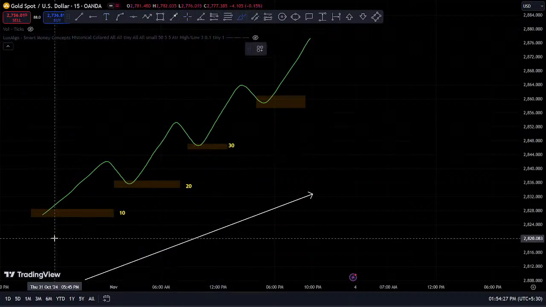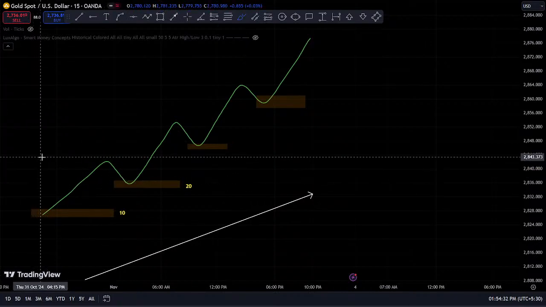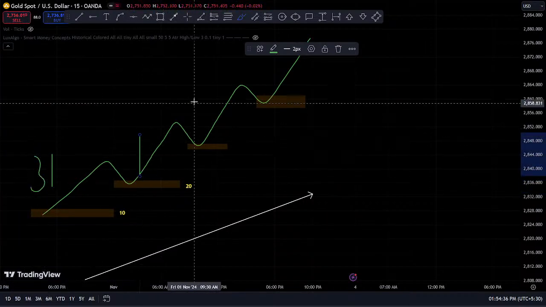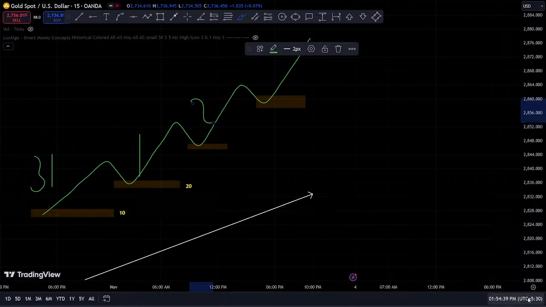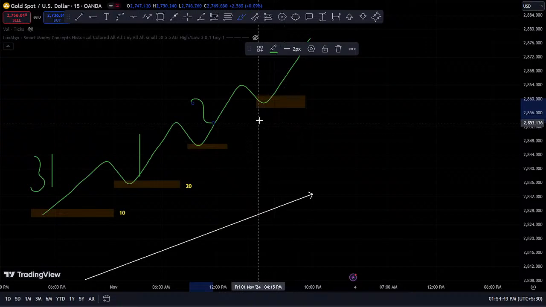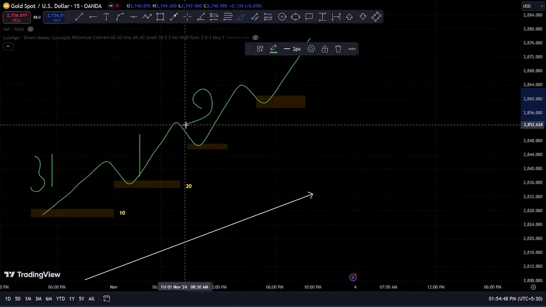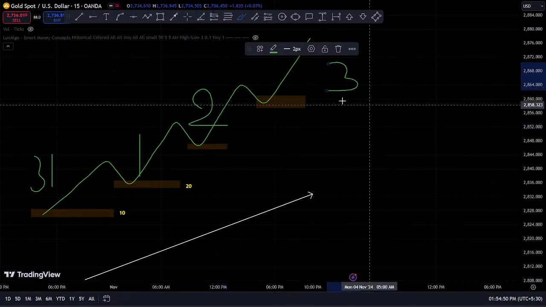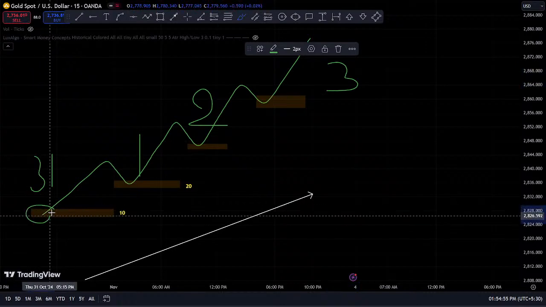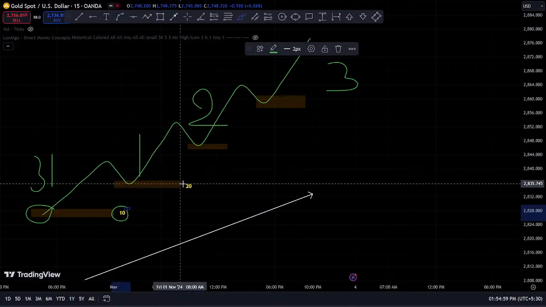Let's say this was 31st of October, this was 1st of November, and this is 2nd of November, which is today. And let's say this is the 3rd of November. So when the price on 31st October was $10, and now the price has doubled to 20.